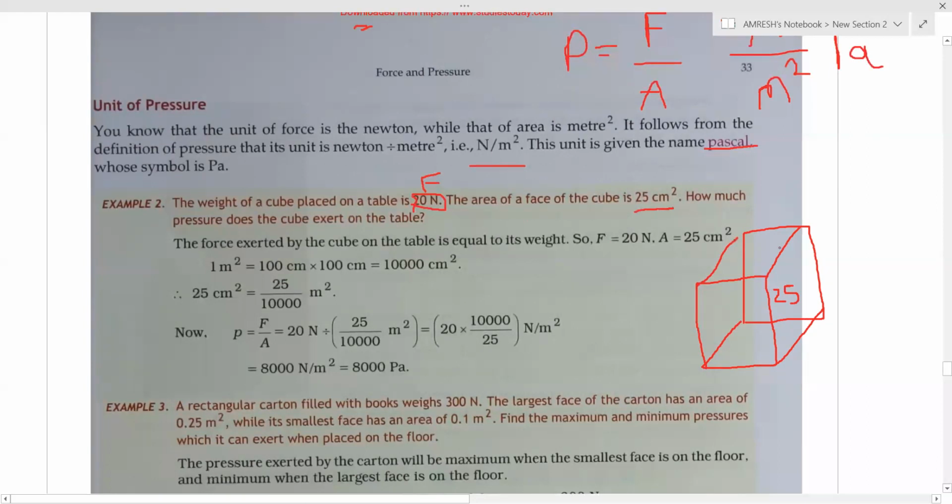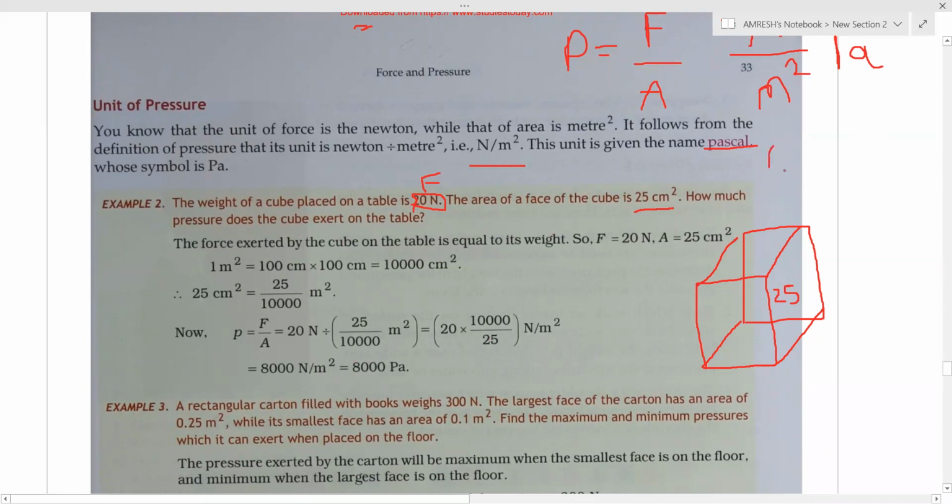How much pressure? For SI unit, we have to convert everything into Newton per meter square. Here force is in Newton, but area is in centimeter square. How to convert into meter square?